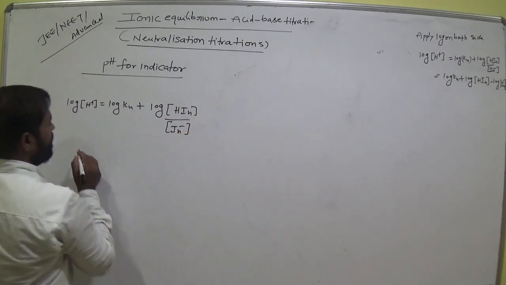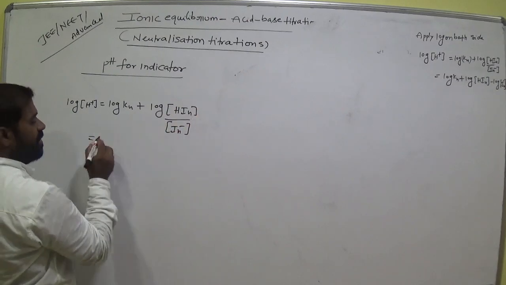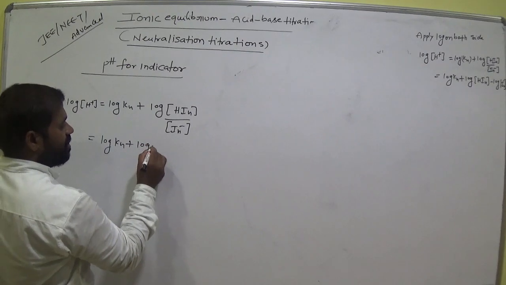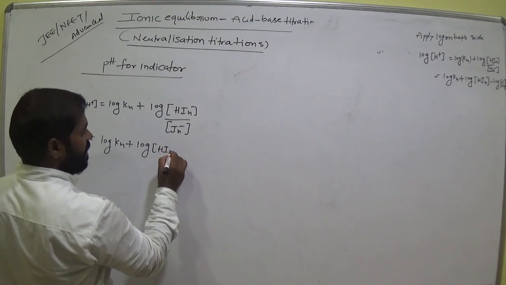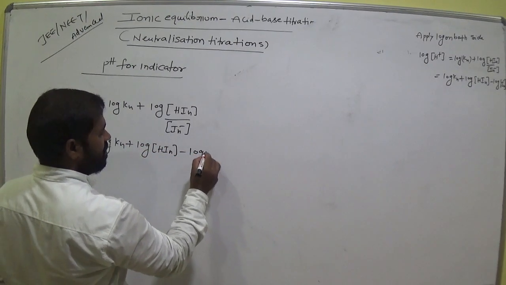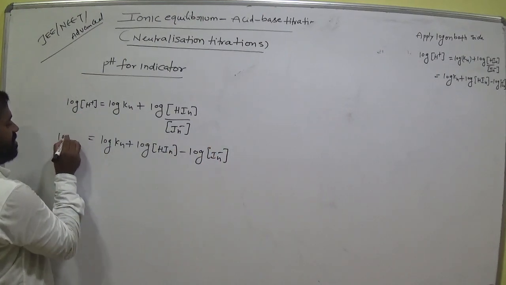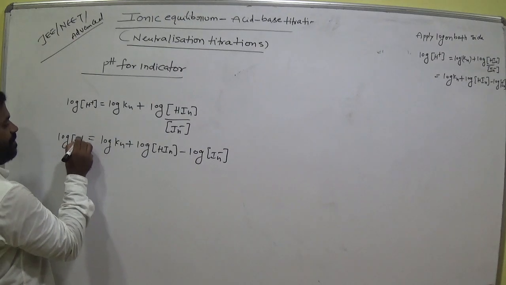Is it clear, ma'am? Now again it is in the form of log A by B. So log Kin plus log HIn minus log In minus, am I right? This is log H plus, clear?